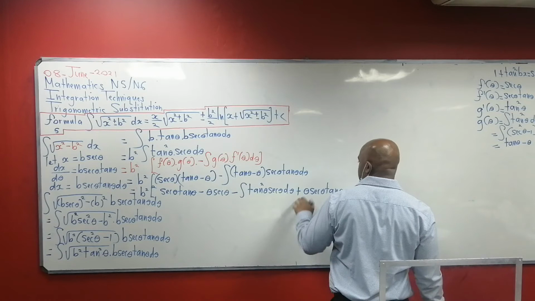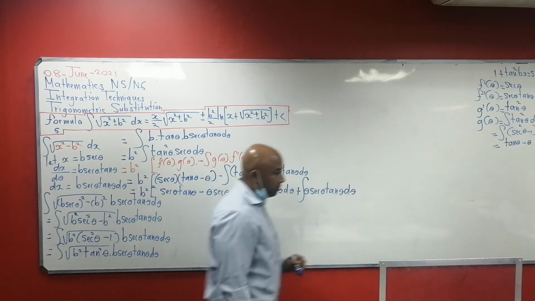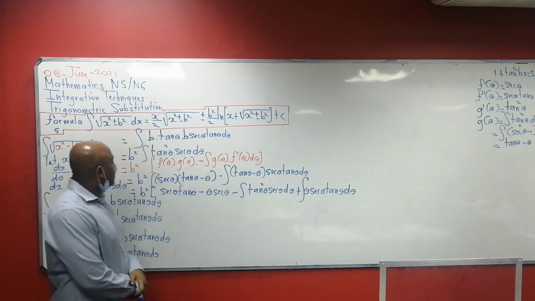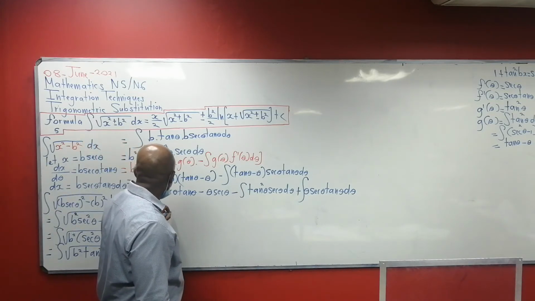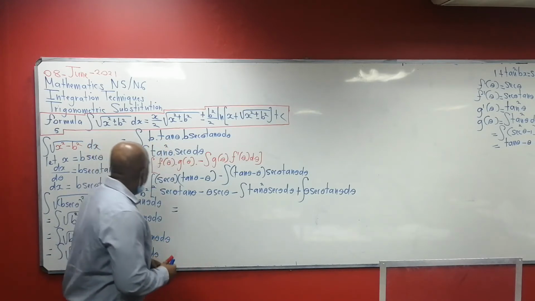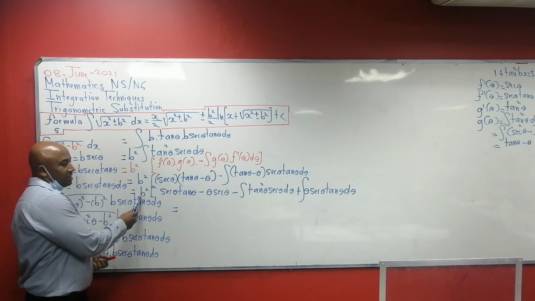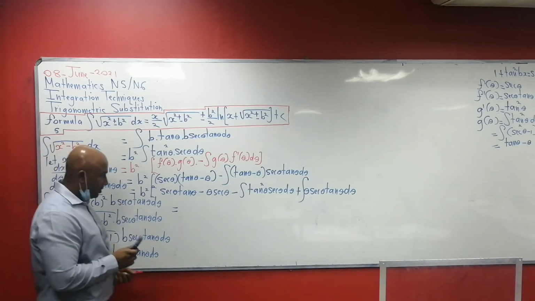Plus the integral there d theta. Okay, so we got that part. Now, let me just remove this minus sign here. So what do I have? I have the minus which is in front. I'm just going to multiply it inside there.